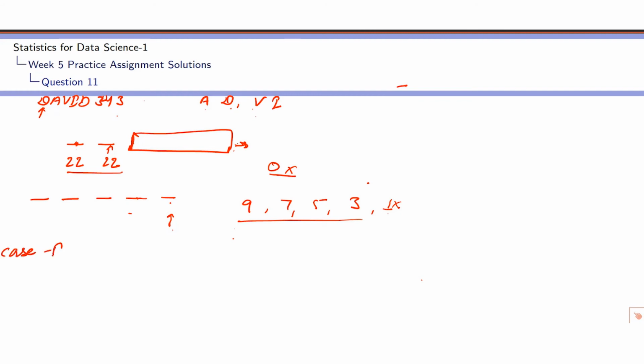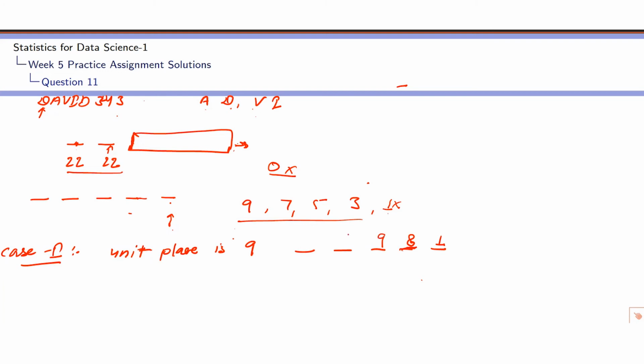Case first, when the unit place is 9. So for the 5-digit odd number, if we choose 9 at the unit place, then it has only one possibility, which is 9. For the second last digit, we have all the possibilities from 1 to 8, and the remaining digits can be filled by any of the digits from 1 to 9.